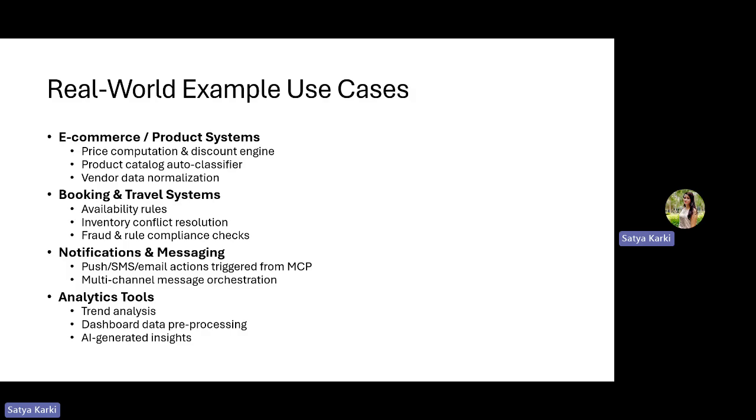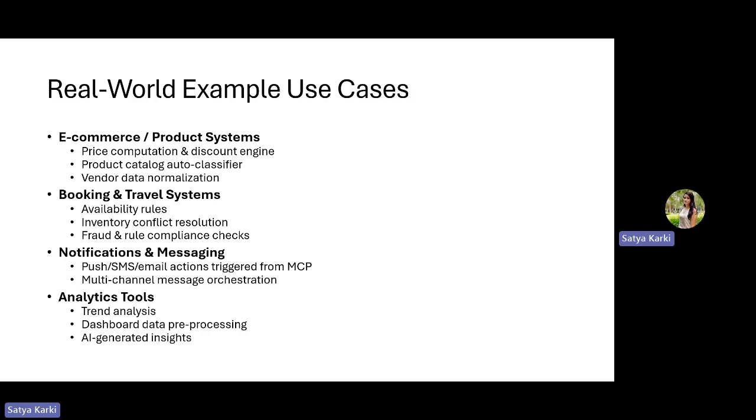In booking and travel systems, we can use the MCP, for example, for availability rules, inventory conflict resolution, fraud, and rule compliance checks. Additionally, we can use it for notification and messaging cases, where we can push notifications and send SMS text or email actions triggered from the MCP.